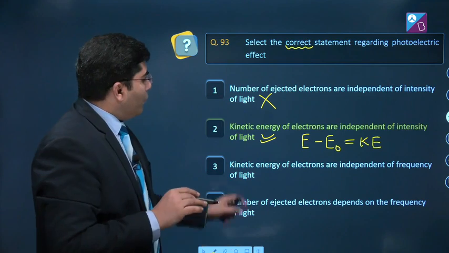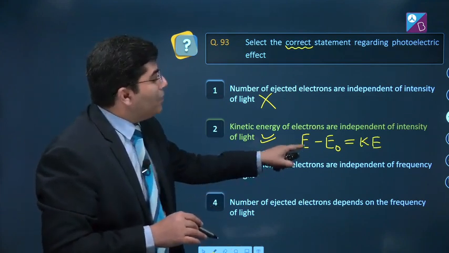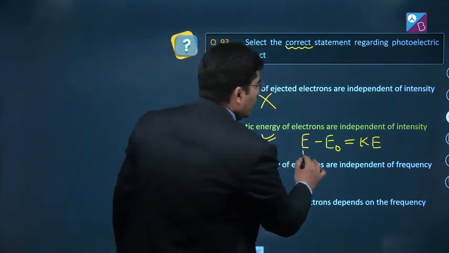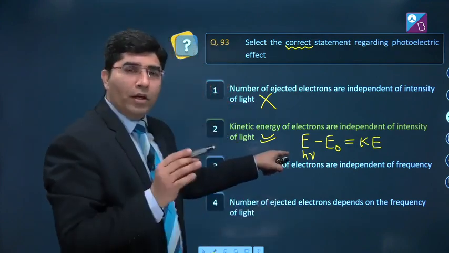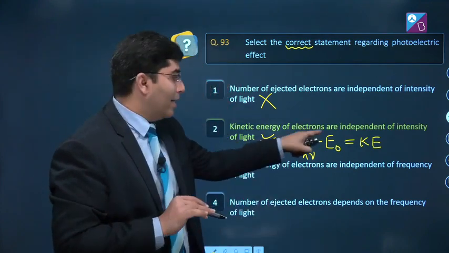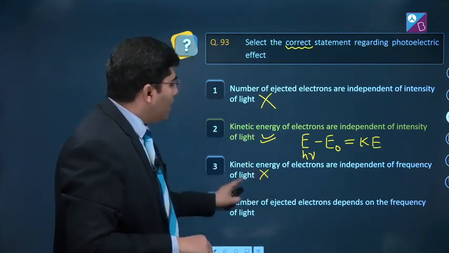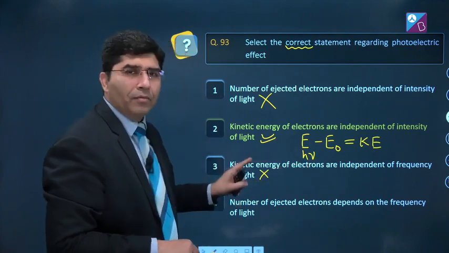Now if we talk about the other, kinetic energy of the electrons are independent of the frequency. No, E is equal to h nu. If you increase the frequency, if you increase the value of nu, kinetic energy will increase. This is absolutely wrong, right? Number of ejected electrons depends on the frequency of the light.